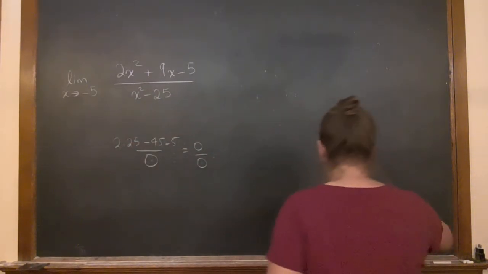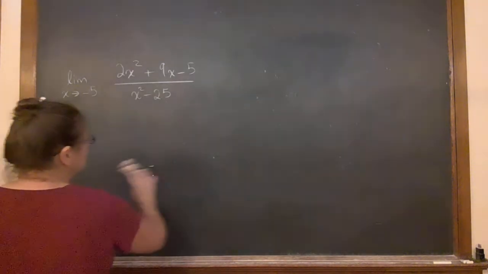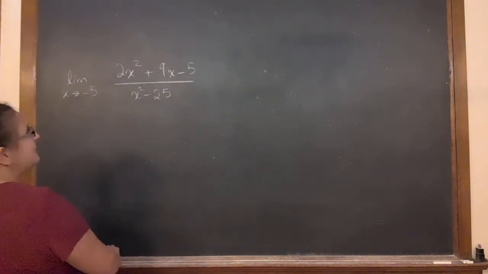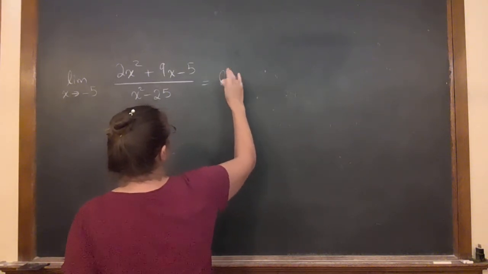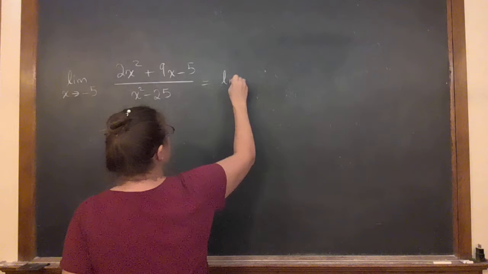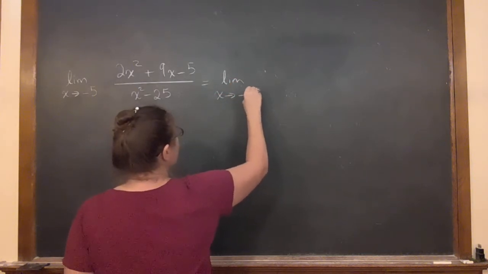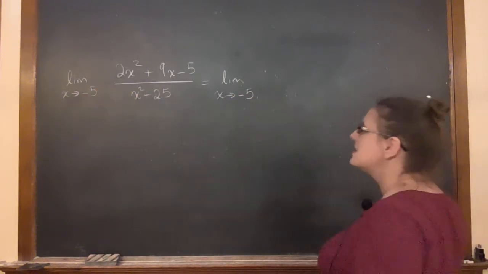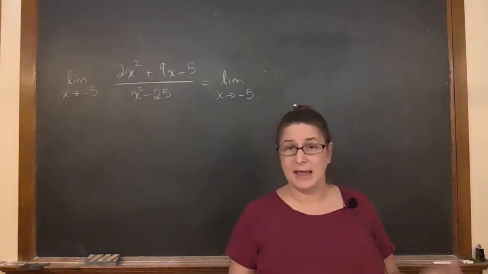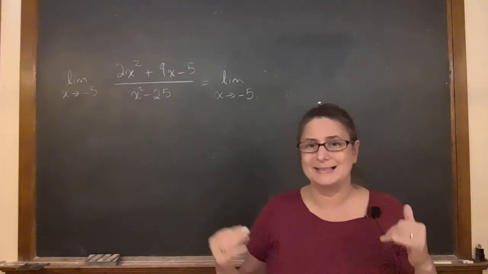Okay? When I've got a bunch of polynomials like this, I want to factor them, right? One of the things I wanted to point out about these examples: you will notice that I'm writing this limit every time. It does seem to be a pain, but you need to write the limit every time.